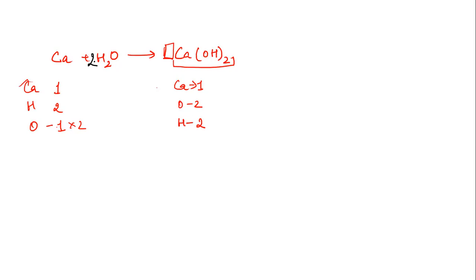Now, as soon as I write 2 there, 2 into 4, this will become 4. Hydrogen will become 4. And here you have hydrogen 2. So now, in order to make 4 hydrogen, I write again this 2 here.